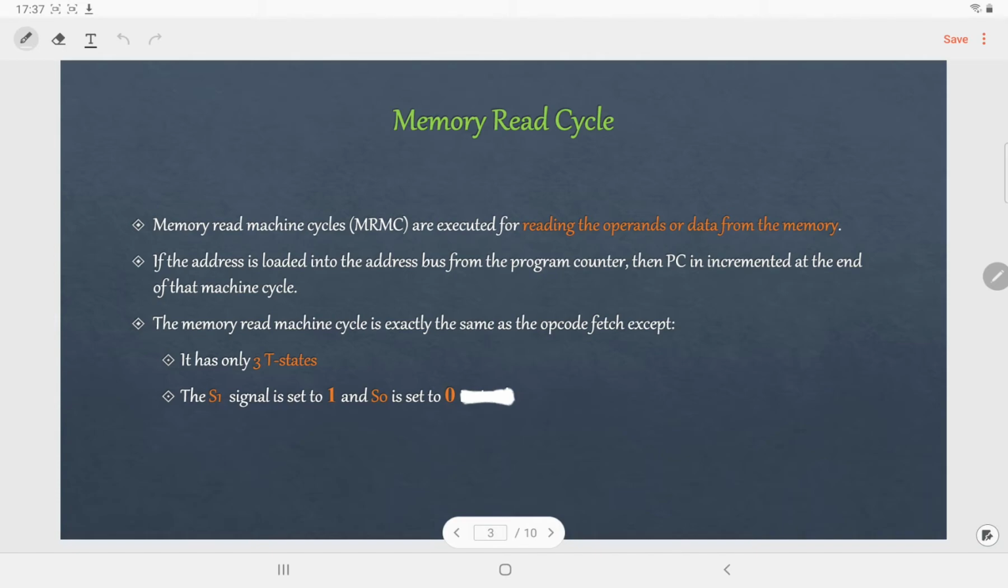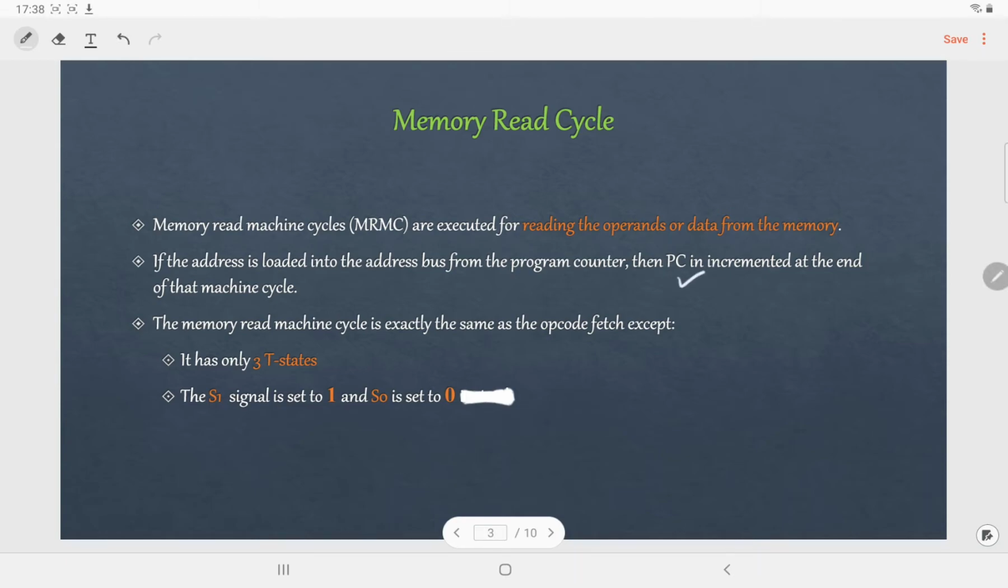Memory read machine cycle is generally used for reading the operands or data from the memory. Generally the program counter contains the address of the opcode or address of the data that is to be fetched. So at the end of each machine cycle the program counter is incremented by 1.